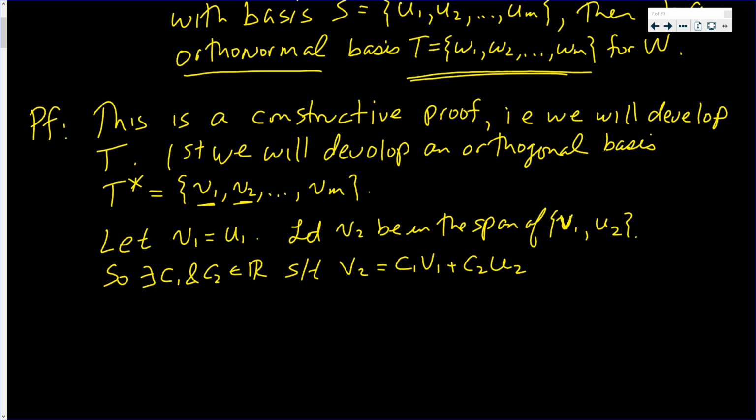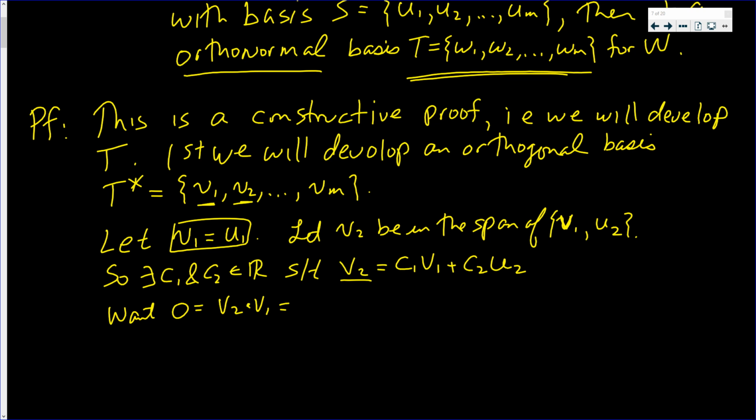Now we want V1 and V2 to be orthogonal. We want 0 to equal V2 dot V1, which, by the way, is the same as V1 dot V2.